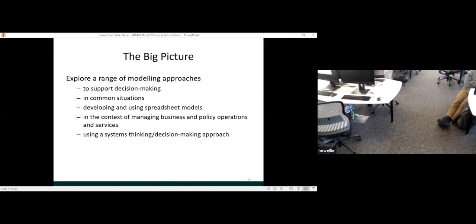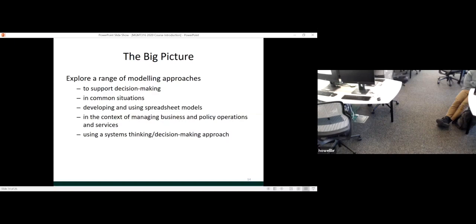But remembering the big picture, we're going to explore a range of decision modelling approaches to support decision making in common situations. We're going to develop and use spreadsheet models, the reasons why we'll talk about shortly, in the context of managing businesses and policy operations and services.